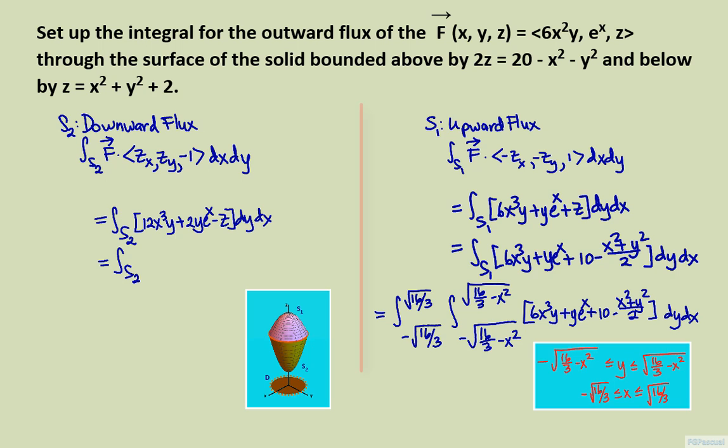Replacing z by its formulation on S sub 2, the integrand becomes 12x cubed y plus 2y times e to the x power minus x squared minus y squared minus 2. The limits of integration should be the same as that for the flux integral for S sub 1, because S sub 2 also sits over the region D on the xy plane.